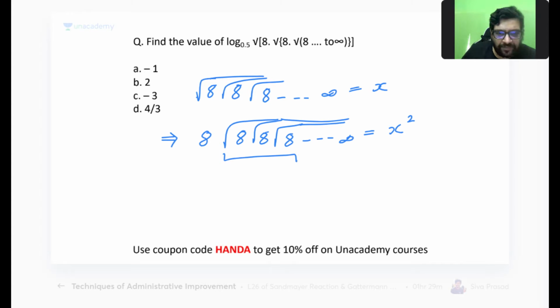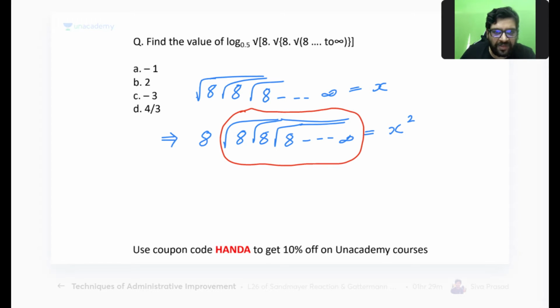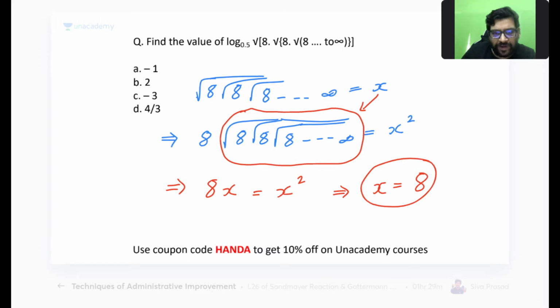Now, if you notice, the part that I've circled, what is that? That is nothing else but X, which means 8x is X square, or X equal to 8.